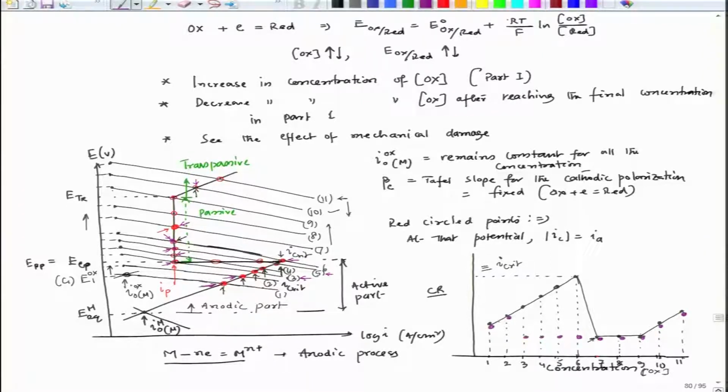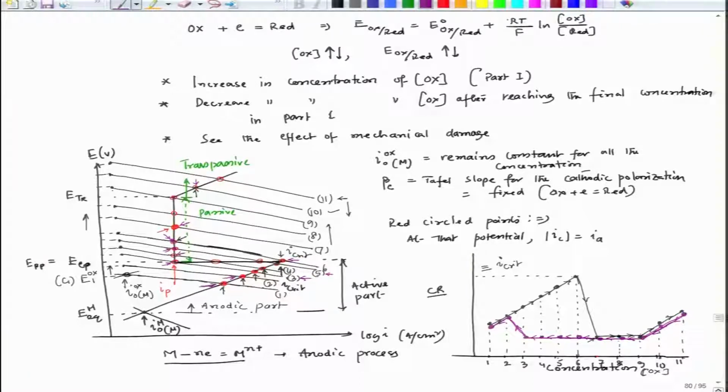So now, what will be the plot? The plot nature would be like this. In the forward scan, when we increase the concentration, the movement would be like this, and in the reverse scan, when we change the concentration after reaching C11, the plot pattern would be like this.